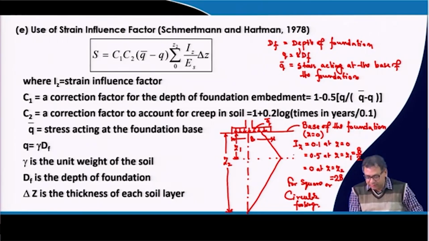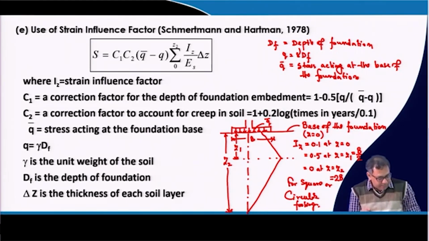Okay, so that is the influence line which is proposed, and then it will be equal to 0 at the influence zone. So, Z equal to Z2 will be at twice B, where Iz equal to 0.